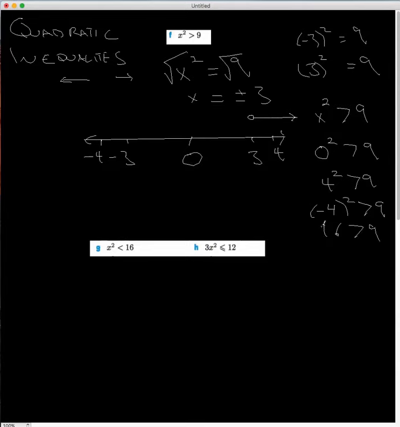So in this case, yes, 16 is greater than 9. That's true. So that means we must have a line out towards this way as well. And once again, it's greater than, not equal to, so we draw our hollow point. Okay, so that is going to be our first one. So this is this case here. All right.